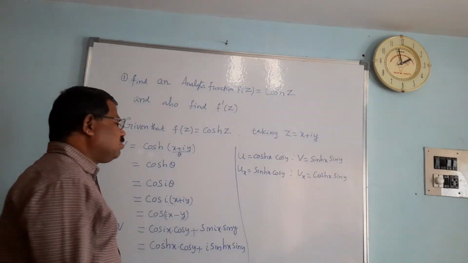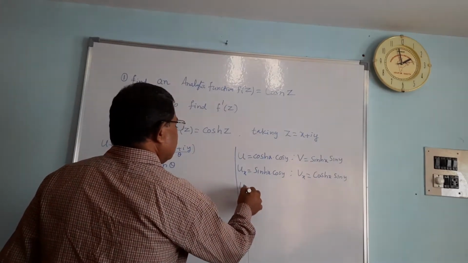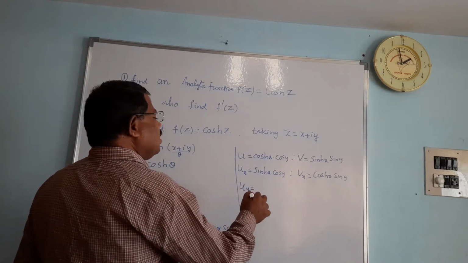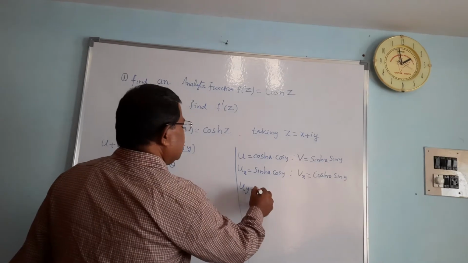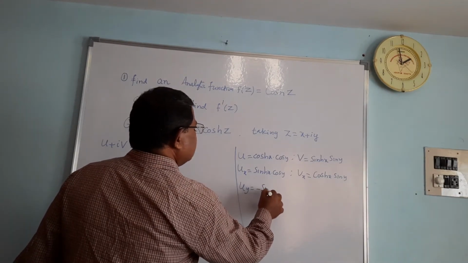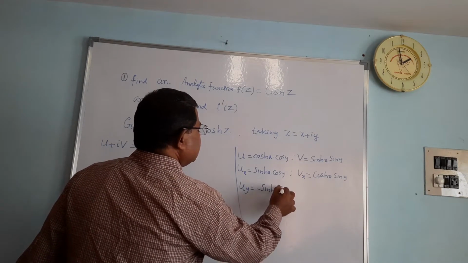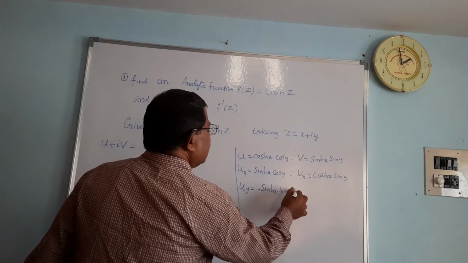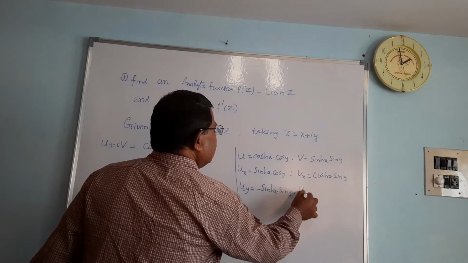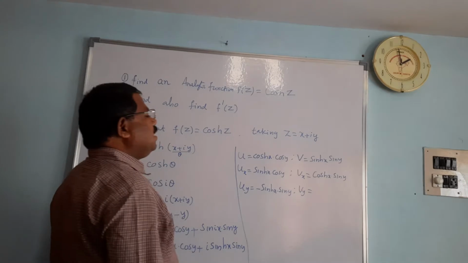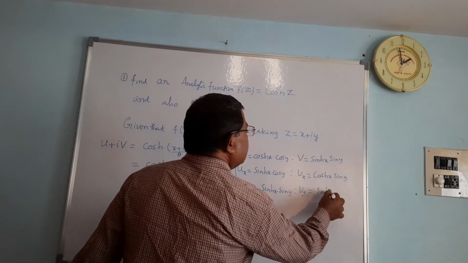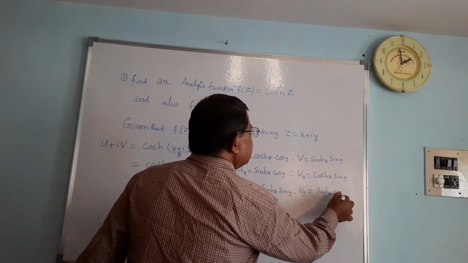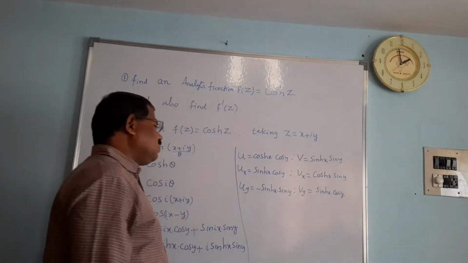Differentiating partially with respect to y, uy: the derivative of cos y is minus sin y, so uy is minus sinh x sin y. Vy: sinh x, and the derivative of sin y is cos y.